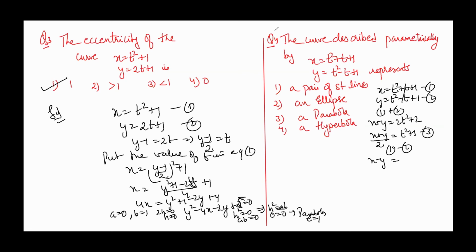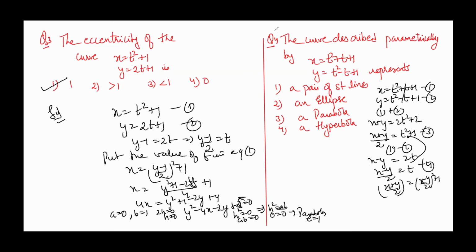So what I get here, x minus y upon 2 is equal to t. Now from 4, put the value of t in equation 3. When I put this value here, I get x plus y upon 2 is equal to x minus y upon 2 whole square plus 1.